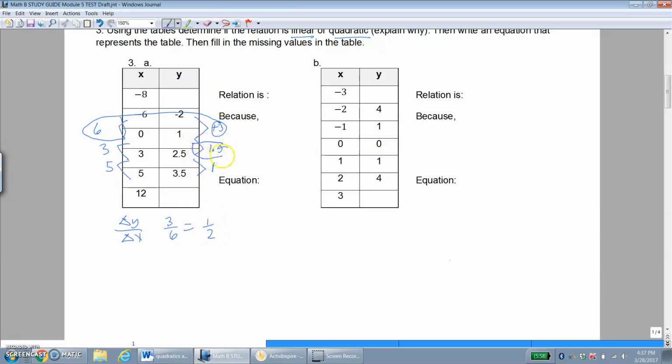Then 1.5 over 3 also reduces to 1/2. And finally, 1 over 2 is just 1/2. So this actually does have a constant rate of change. Since it has a constant rate of change, it is linear. And the reason why is because it has a constant rate of change.